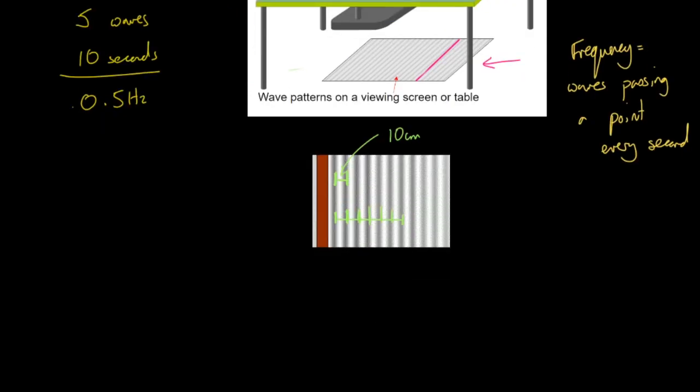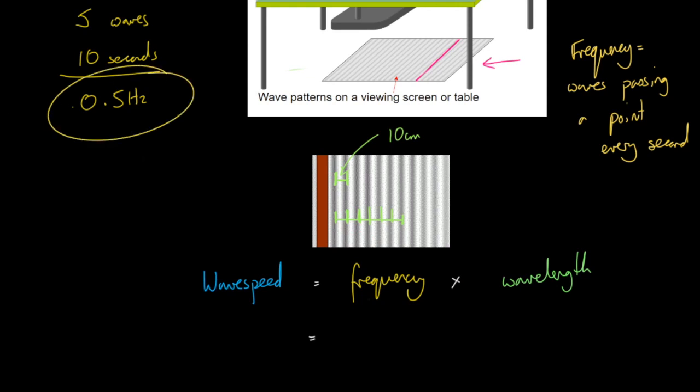Okay, so let's plug some numbers into the wave speed equation, have a bit of a play with that. Wave speed equals frequency times wavelength. So the frequency, let's pick that frequency there, 0.5 hertz, multiplied by the wavelength.